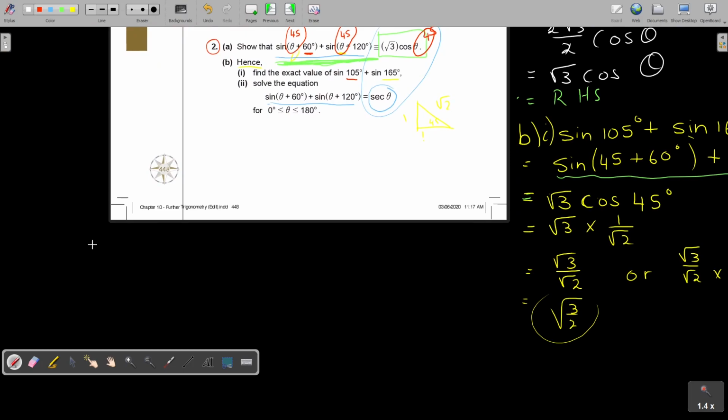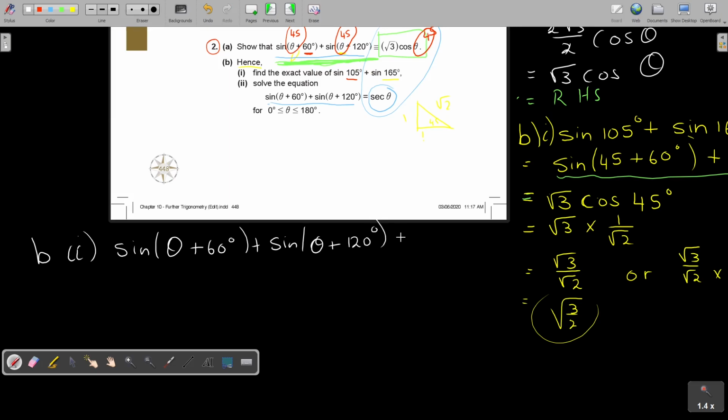Okay, so if I've come to the second one of number B, I'm basically saying, and I will just show you, it's not necessary that you write it like this. I'll just show you, sin theta plus 120, and that's equal to sec theta.